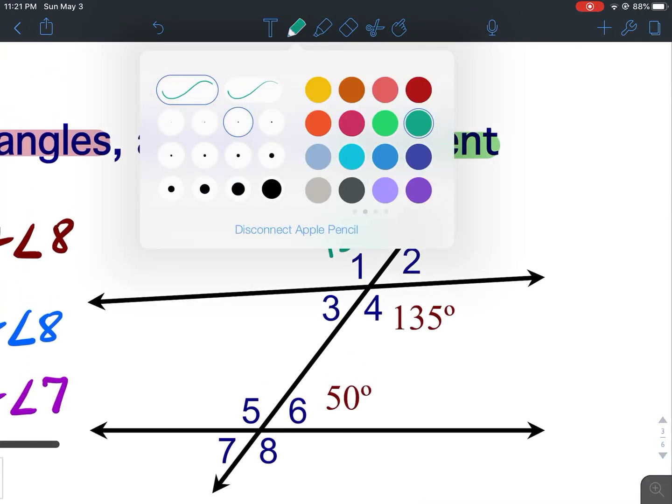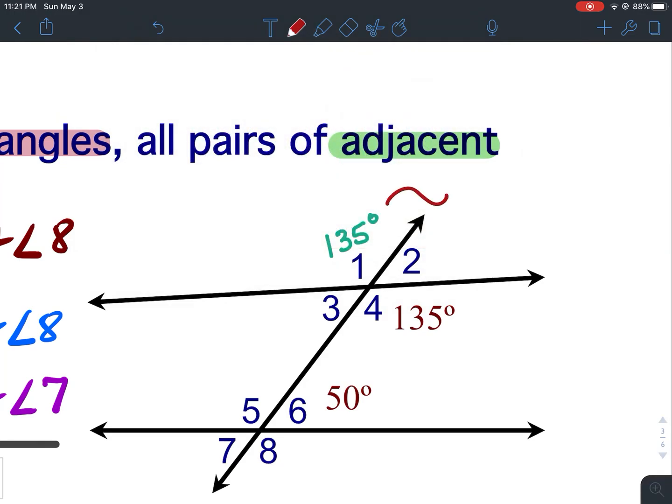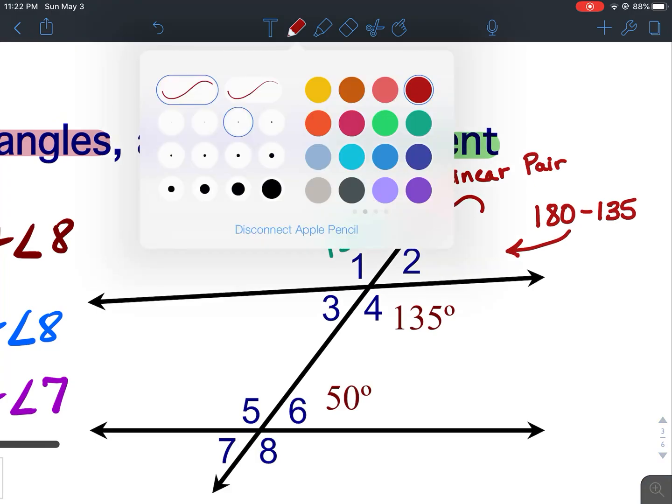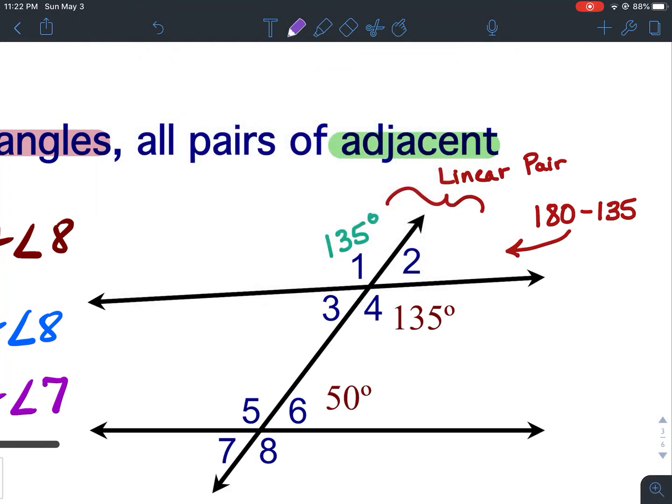So what I would like you to do is up top here, I want you to write linear pair, which means to find the angle measurement, we're going to take 180 minus what we know, which is 135. And 180 minus 135 is 45.